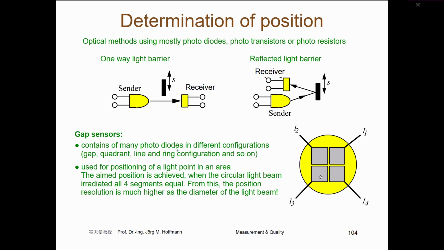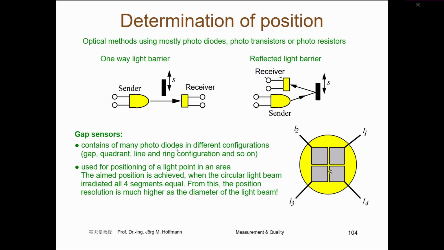And when you go now with a beam onto this, you can have the beam on all photodiodes and look at what is the voltage, what is the current from each photodiode.